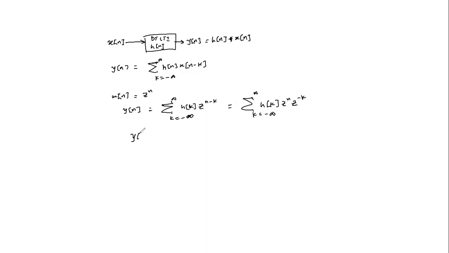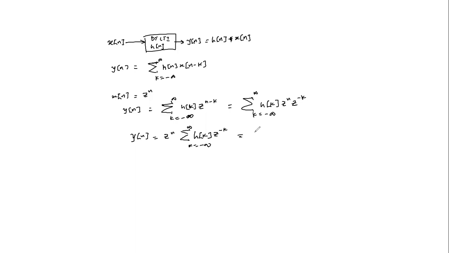Now, the response can therefore be written as z to the power of n, times the sum over k from negative infinity to positive infinity of h of k, z to the power of minus k.